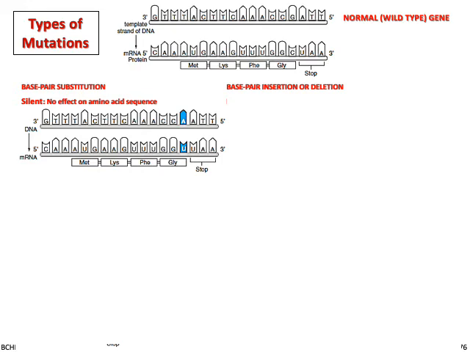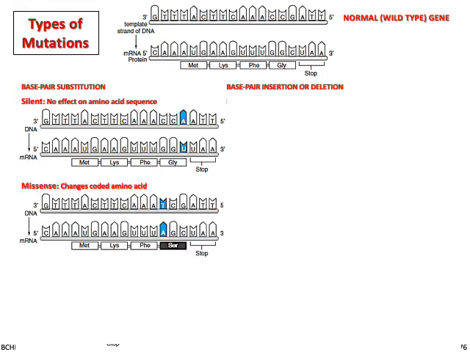This gives another nucleotide when transcribed that doesn't affect the amino acid sequence of the translated protein. That's why it's called silent, no effect on the amino acids. The other type is missense, which changes a codon. You will see that T has been changed, leading to a change of the amino acid inserted in the polypeptide, so that one is a different protein.